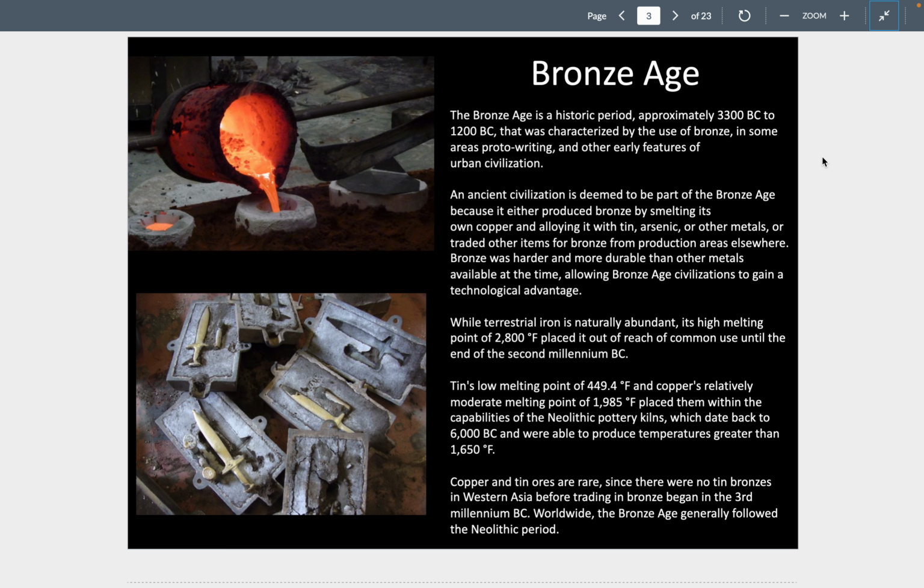The other thing about bronze is that copper and tin are rare to find. And because they're rare, the areas of the world that are becoming ethnically similar, like the Romans and the Greeks and the Egyptians, are going to have to trade with each other.